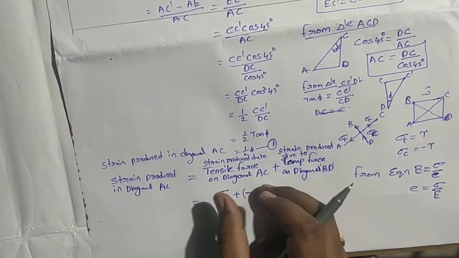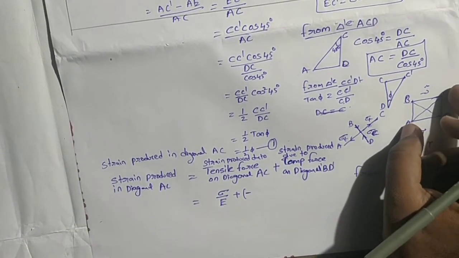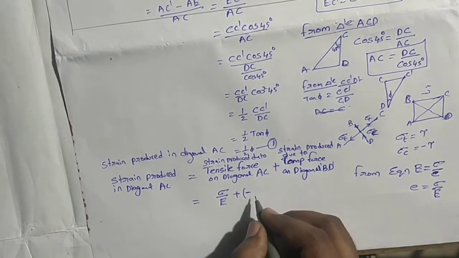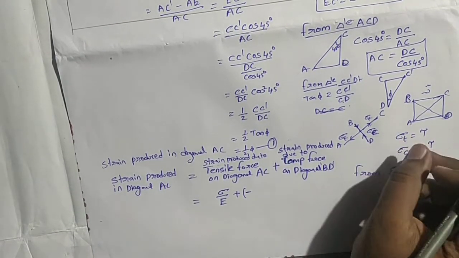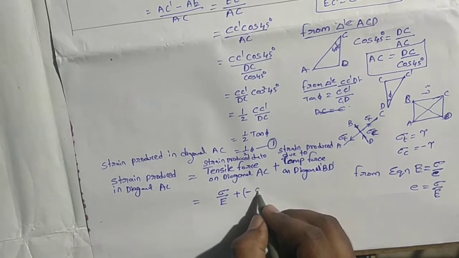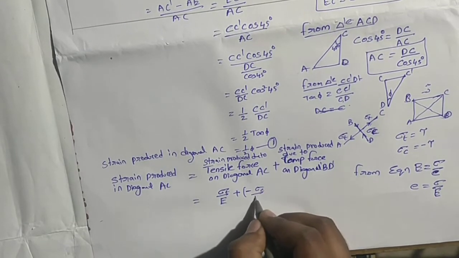Due to this same shear force, compressive force acts on the diagonal BD, so the length of the diagonal BD is reduced, so I placed minus sigma C by E.